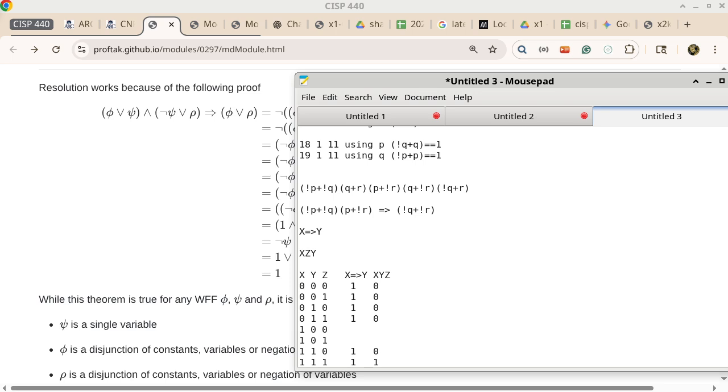Are we doing okay so far? Now the question is, and then we also look at X by itself. When we look at X by itself, on all of these rows, X was false to begin with, but then the conjunction of XYZ is also false.